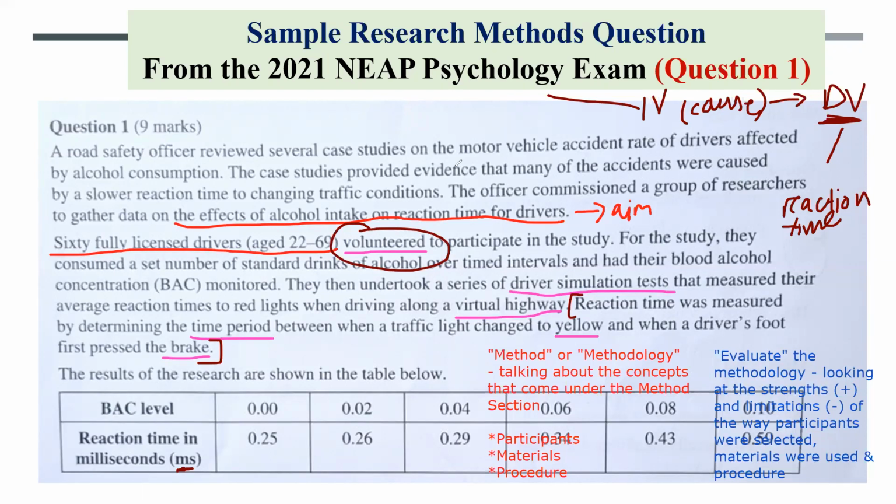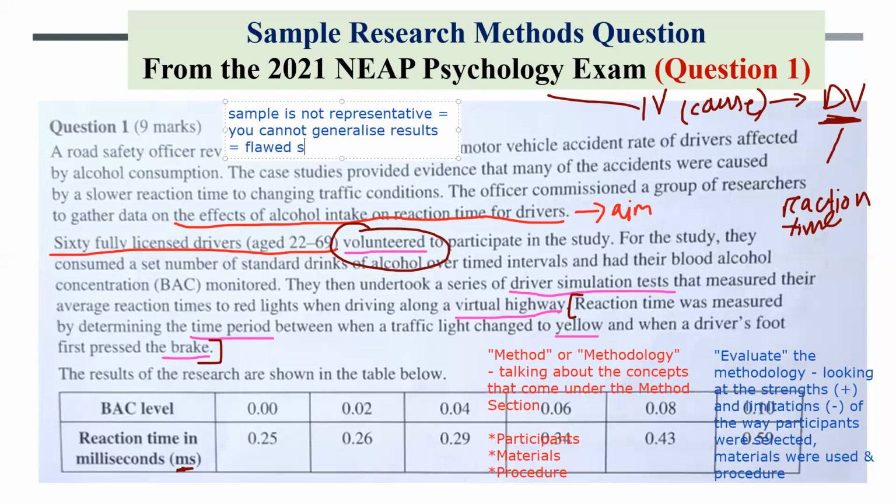You can't make a conclusive decision because you can't generalize the results back to the population, because the sample is not a representative one. Remember, if the sample is not representative, you cannot generalize results, okay? And this indicates a kind of flawed sampling procedure.